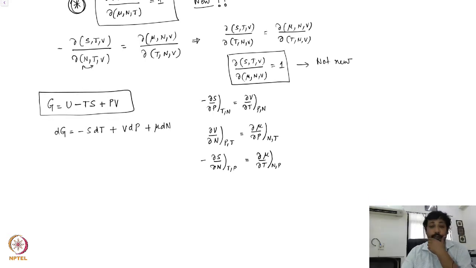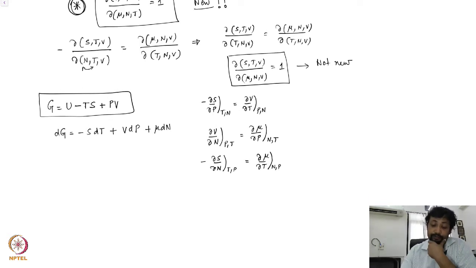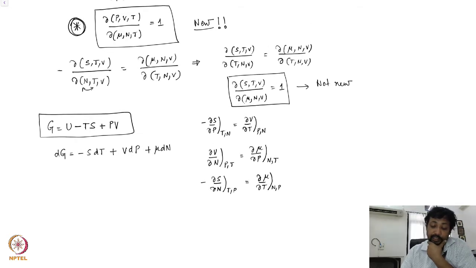Now if you have followed the way we have derived all of this, then you can very easily check if these three Maxwell's relations are giving any new Maxwell's relation. Look over here.